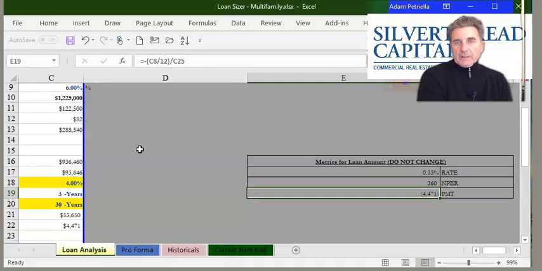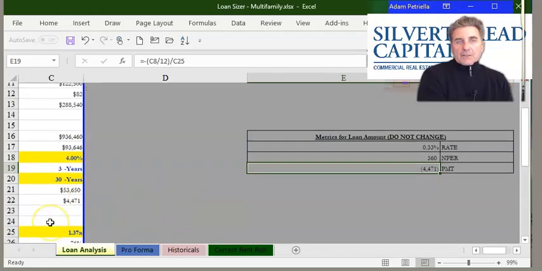Just stick with me here. I know we've been going for 18 minutes, but the payment will be your NOI divided by your debt service coverage ratio. So your payment is your net operating income divided by your debt service coverage ratio.